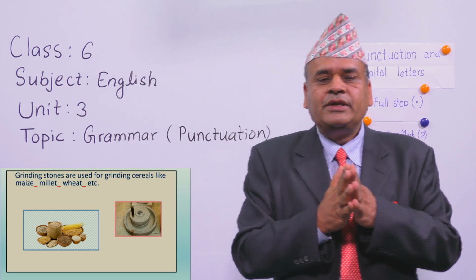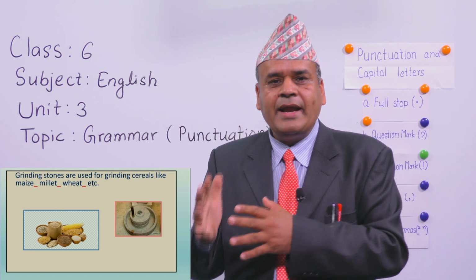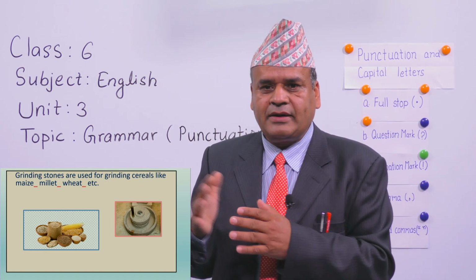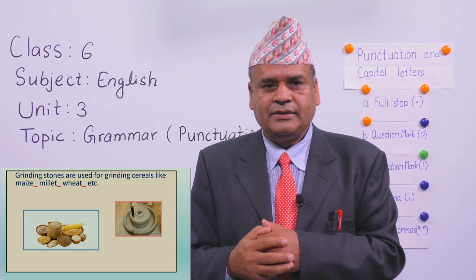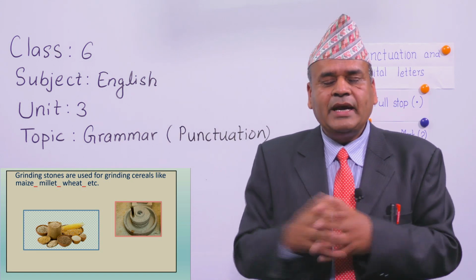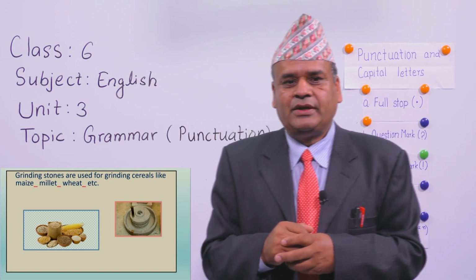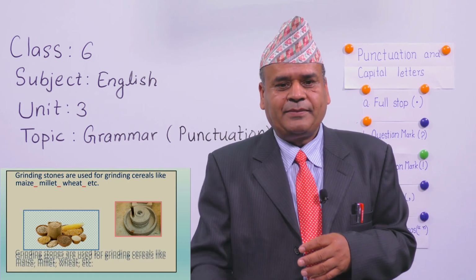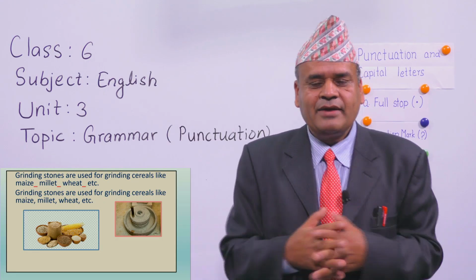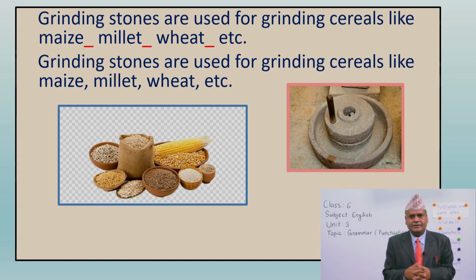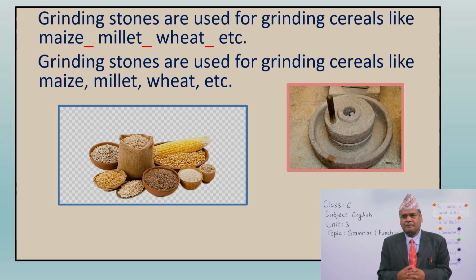When similar types of words come one after another in the same sentence, there comes a pause, right? So what is that? You see, a comma. Grinding stones are used for grinding cereals like maize, millet, wheat, etc.